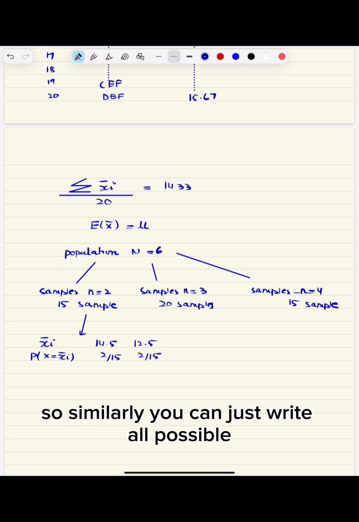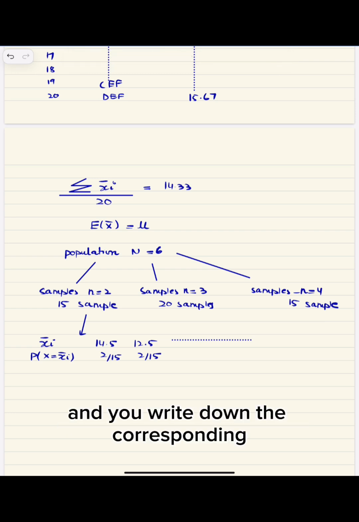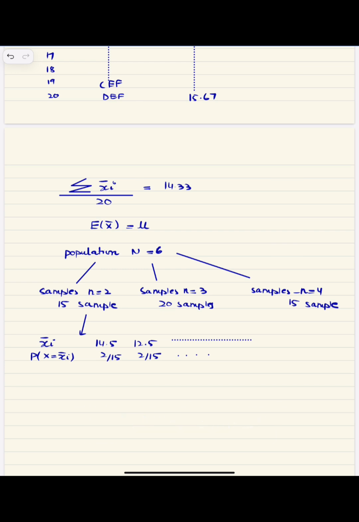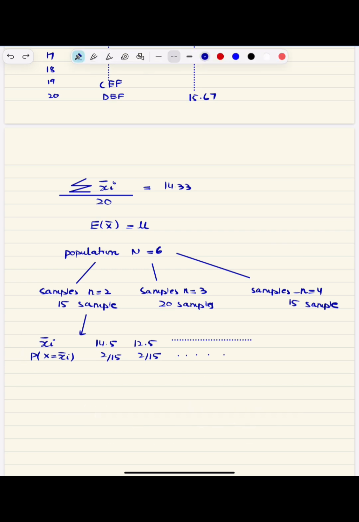So similarly, you can just write all possible values that the mean takes, and you write down the corresponding probabilities as well, and that just gives you the sampling distribution.